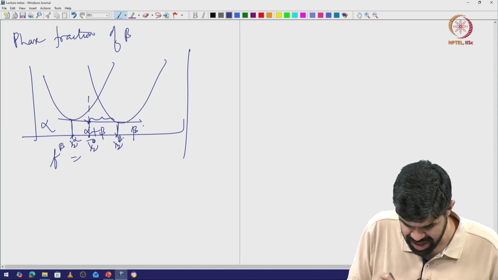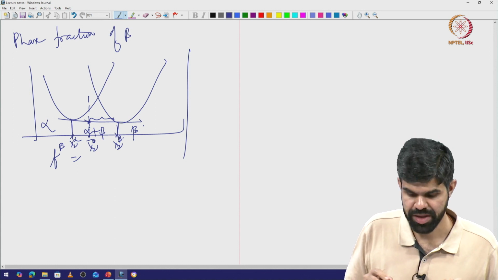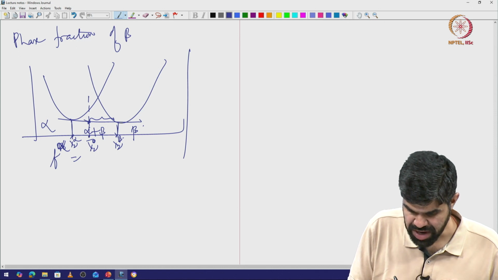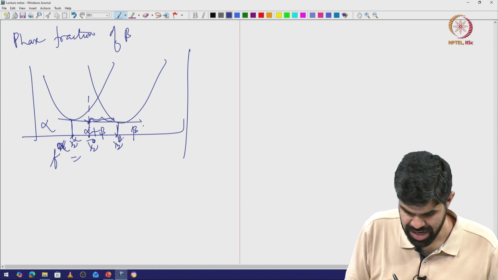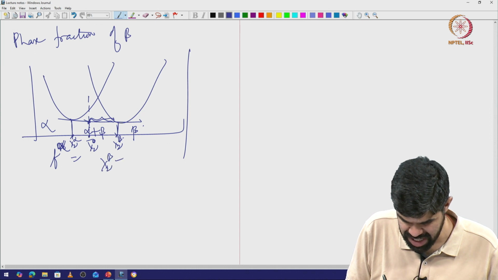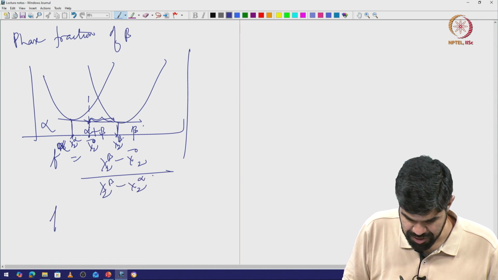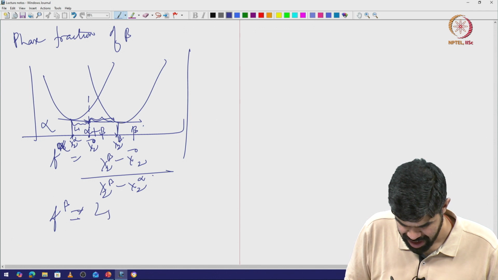I take this lever and then I divide by the total. Sorry, that is the fraction of alpha. So, fraction of alpha is this lever divided by the total length, right. So, that lever is x2 beta minus x2 0 divided by total length, x2 beta minus x2 alpha. Similarly, f of beta will be this lever, L1 by L. Right.